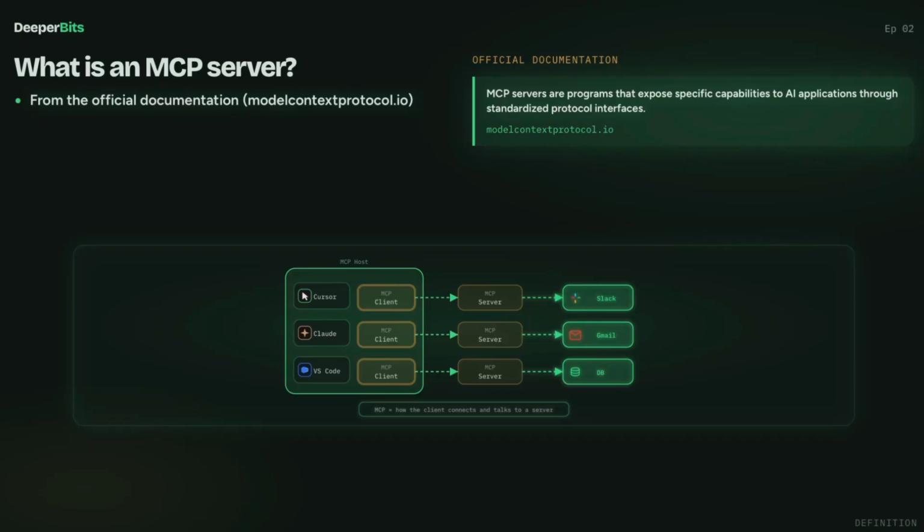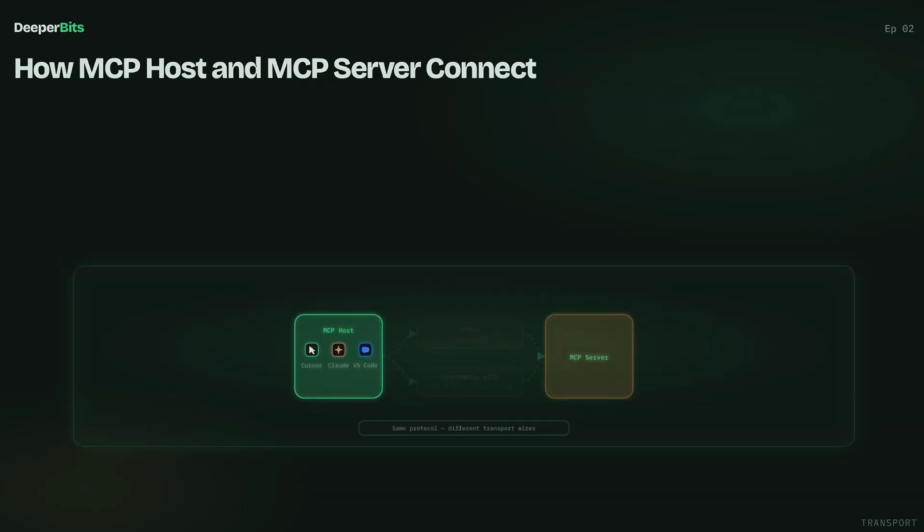Now the next part we should understand in a little bit more depth is how an MCP host and an MCP server connect with each other, what protocol they use, and how they communicate. Whenever an MCP host is there, let's say Claude, Cursor, or GitHub Copilot, it connects to the MCP server via two communication protocols.